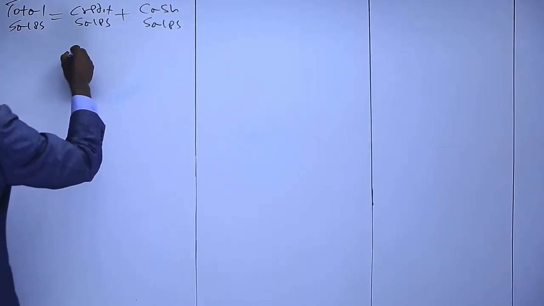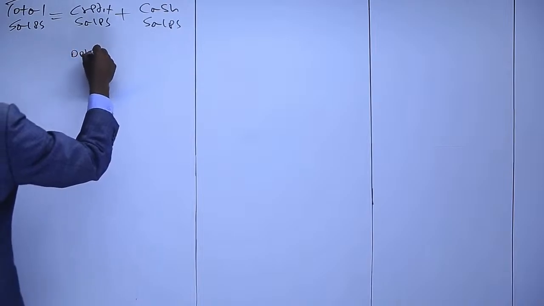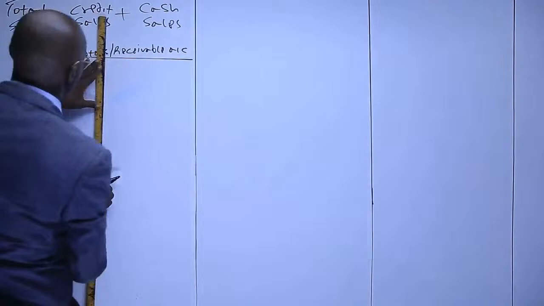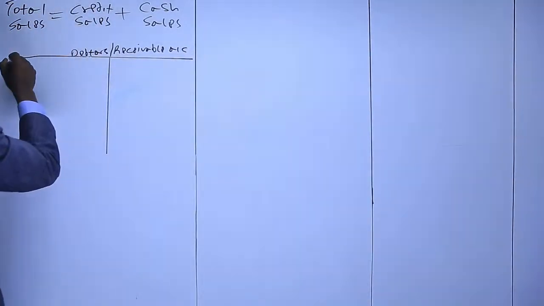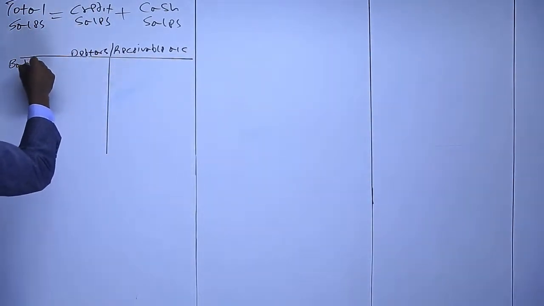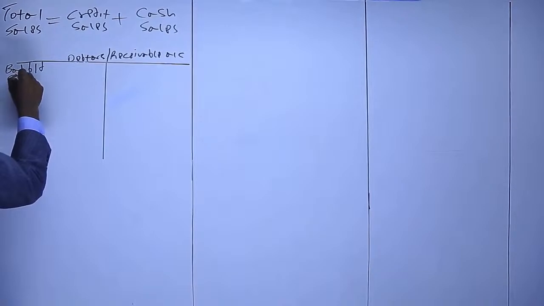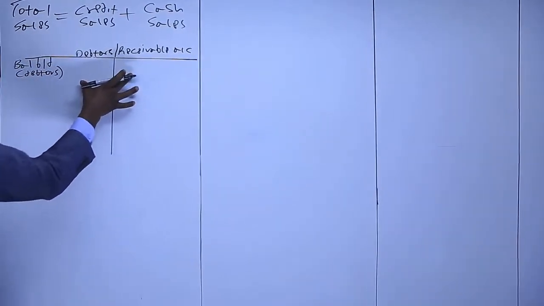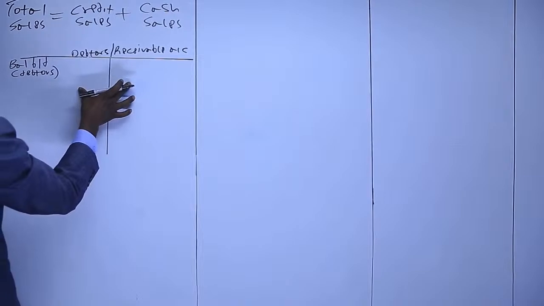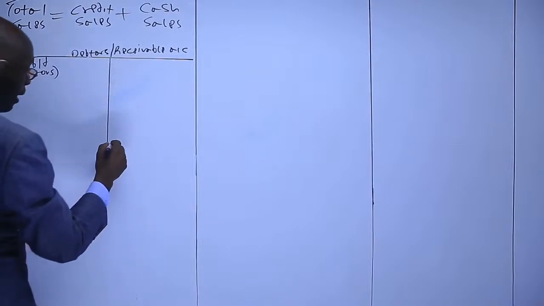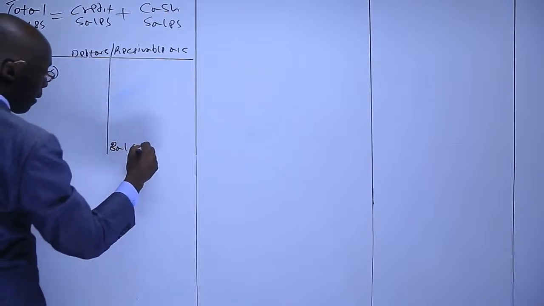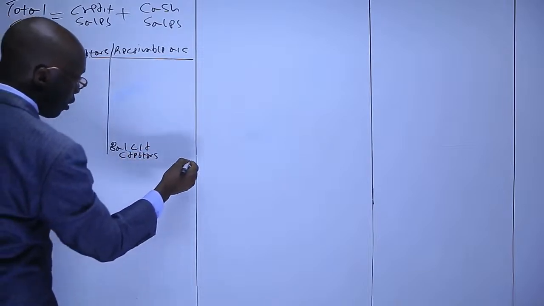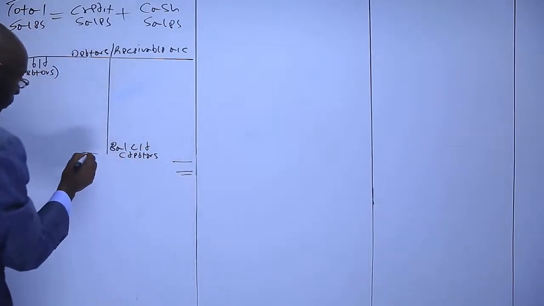So we'll come here and have the debtors or receivable. You start with balance brought down here, that's what we said, for the debtors. And then jump 4 or 5 lines here, where you'll be posting those items that affect the debtors. And then balance at the end here for the debtors. And then totals will be here.